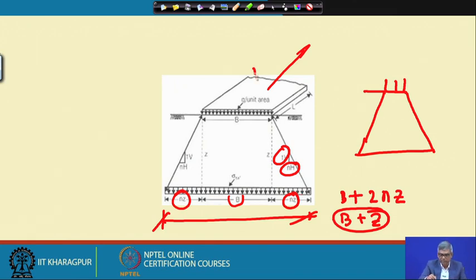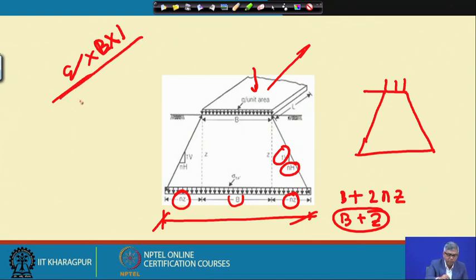Suppose at this depth whatever q was there. So, the load is q multiplied by some footing area, length into B, suppose I take unit area. At this depth it will be the same load divided by the area, which will be changing.